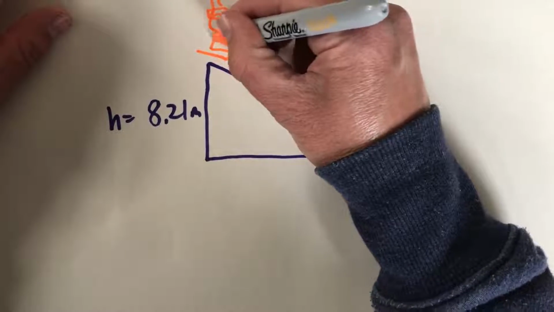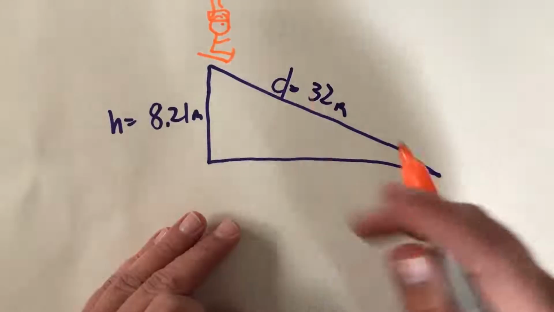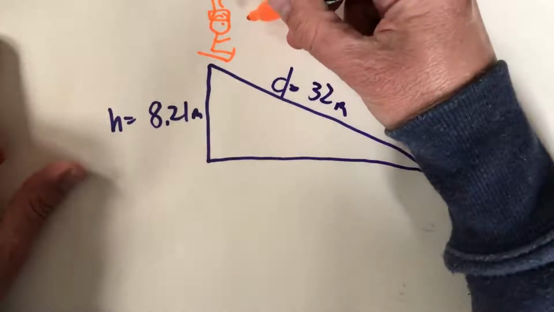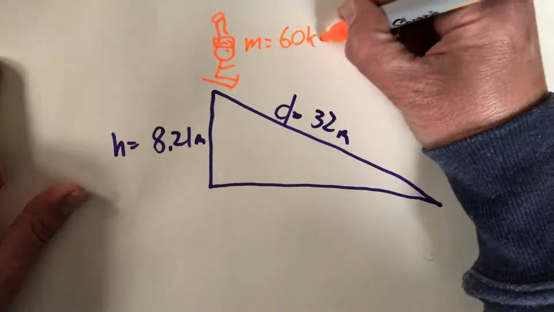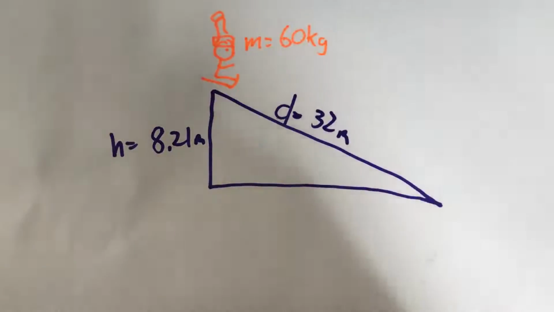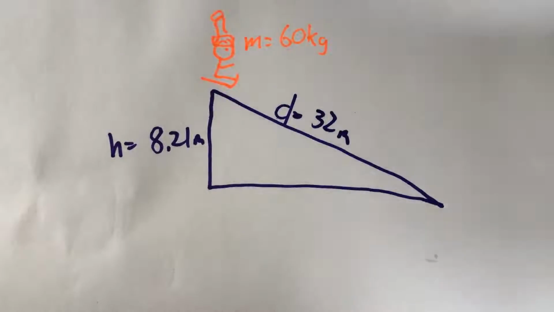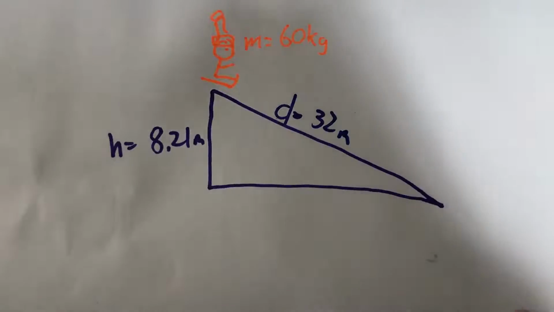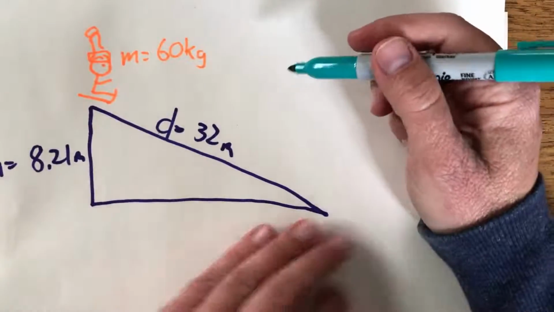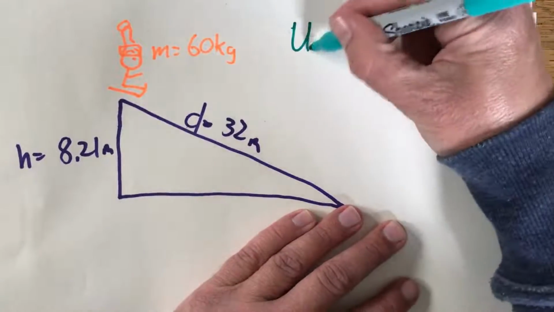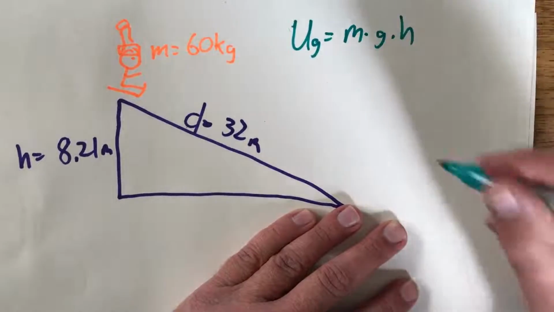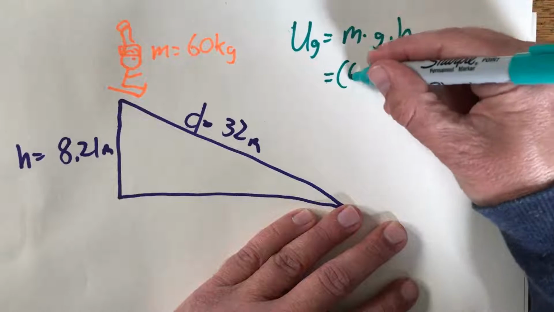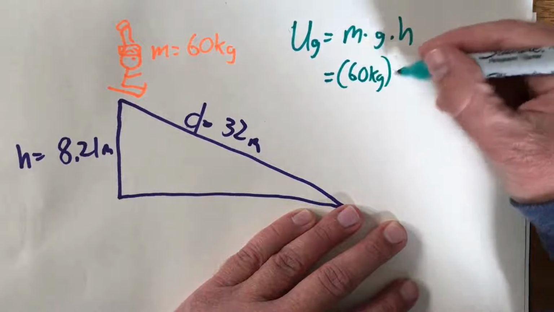And so the very first thing that they ask is how much potential energy do they have up here? And the mass of this sledder is 60 kilograms. So in order to figure out the gravitational potential energy of the sledder, we'll use our equation over here. So gravitational potential energy is mass times gravity times height. So plugging in, the mass is 60 kilograms.